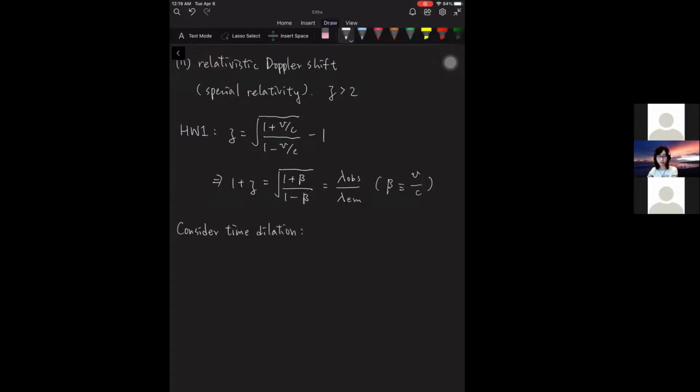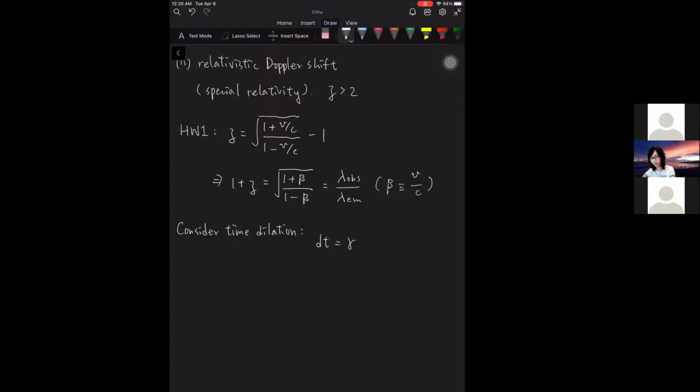So if you recall from special relativity, I believe you all know time dilation. The time interval observed by the rest frame should be longer than that observed in the co-moving frame, right? And the time interval should be longer by a factor of gamma, right?